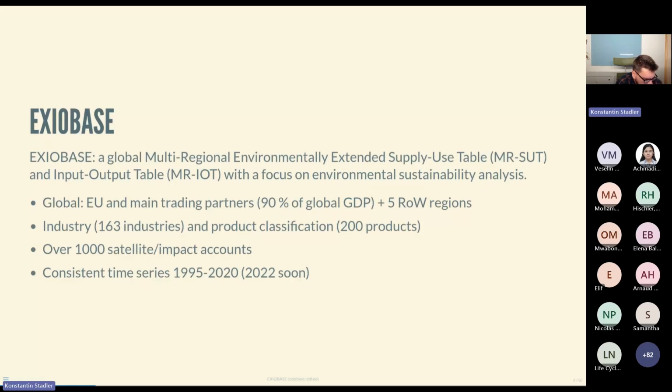So we have economic descriptions of countries covering about 90% of the global GDP, and the rest of the regions are aggregated to rest of the world regions. We have 163 industries and about 200 products, and a lot of satellite and impact accounts. It's kind of hard to actually count them, and we'll come back to that later. And we have now a consistent time series from 95 to 2020 and soon to 22.